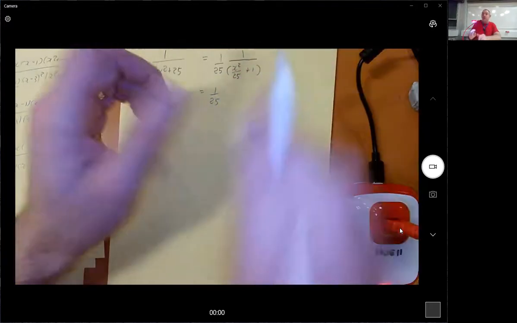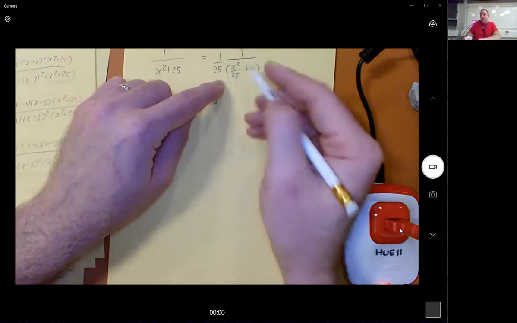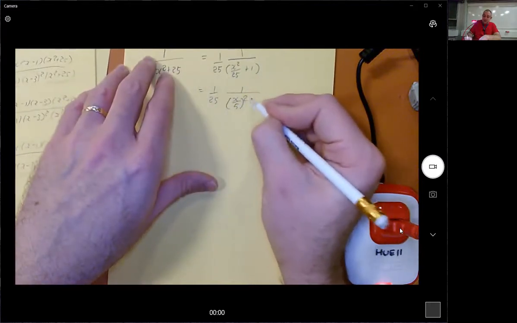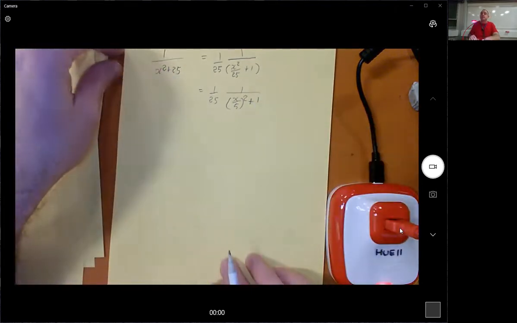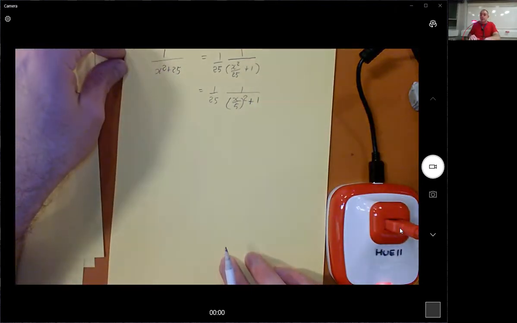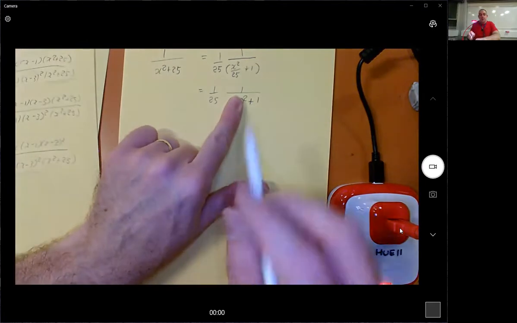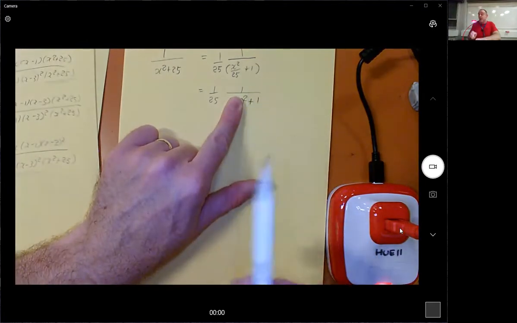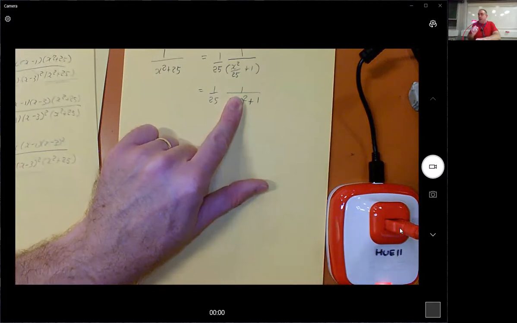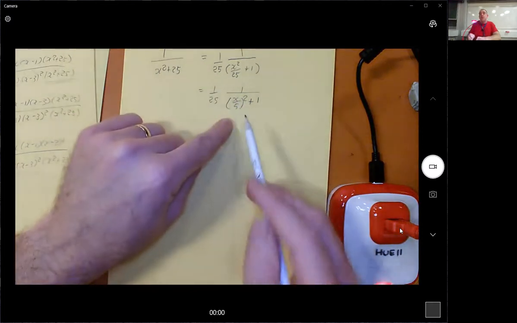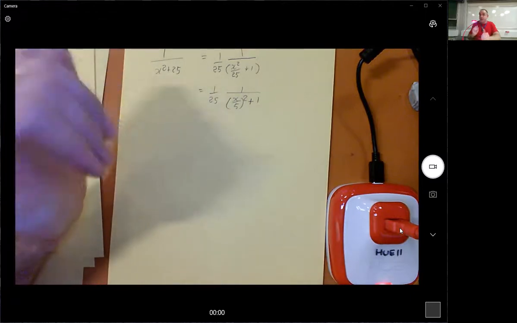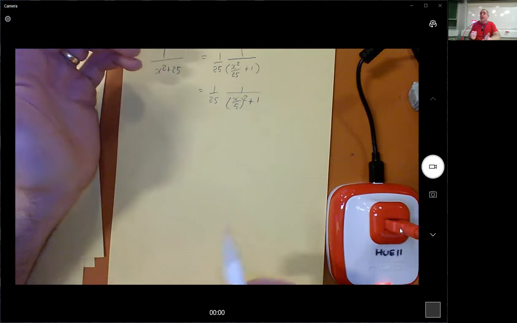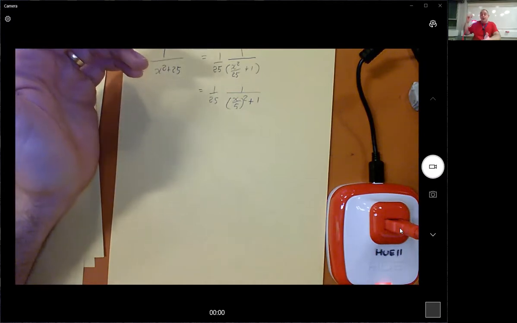And then if this was going to be arctan, this would need to be a single thing squared. So I'm going to write that as (x on 5) squared. Okay, now if I cover that up, this is 1 over thing squared plus 1, which would, if I integrated it, become arctan of that thing. And as long as the derivative of this thing is a constant, all I need to do to fix it is to divide by that constant, because that's a rule for how integration always works. I have it under the just do it rule, and it works every time.